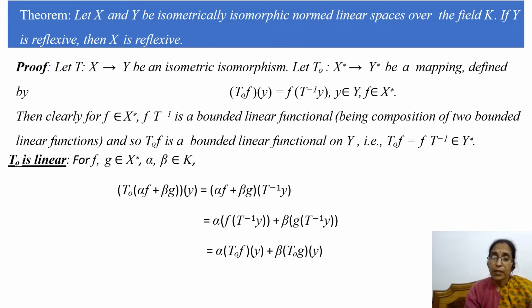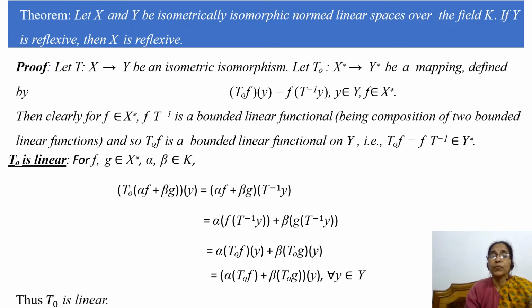And by definition of T naught, F of T inverse y is nothing but T naught F of y. So we have alpha times T naught F of y plus beta times T naught G of y. And this is equal to alpha T naught F plus beta T naught G of y for every y in Y. And so we have shown that T naught is linear.